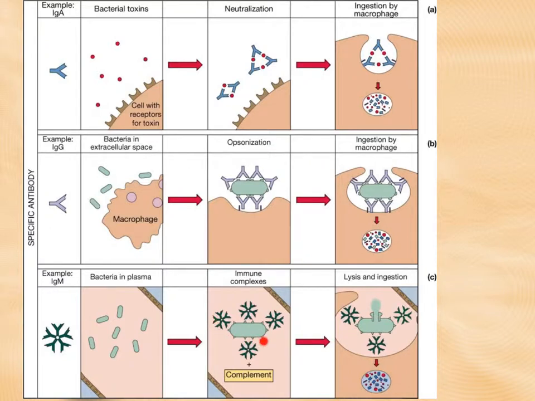IgMs sort of do the same thing, but can actually cause a whole bunch of them to clump together, and also set off the complement system, which causes these things to burst. If you remember, we were talking about those at the end of that complement system a few slides back. They would also burrow holes in it as well.